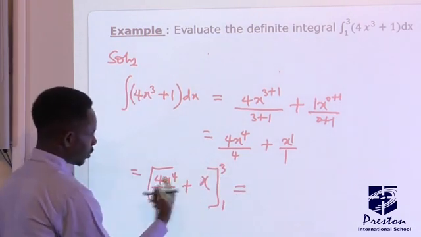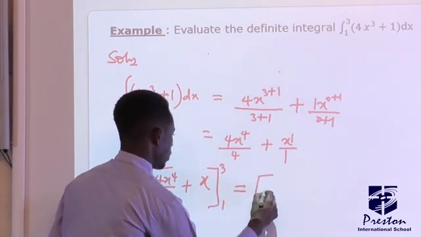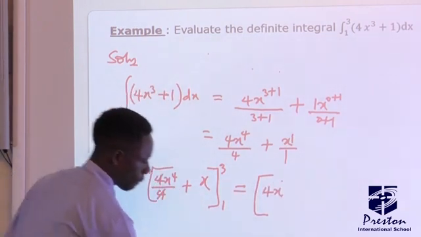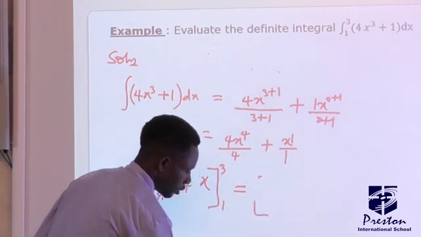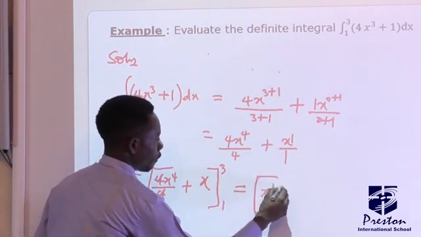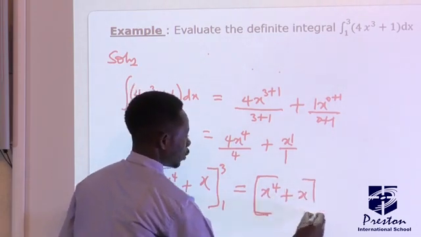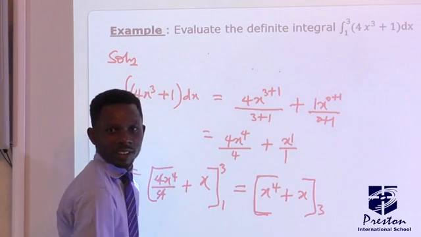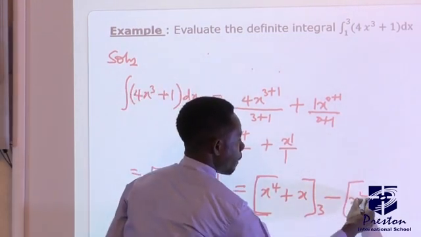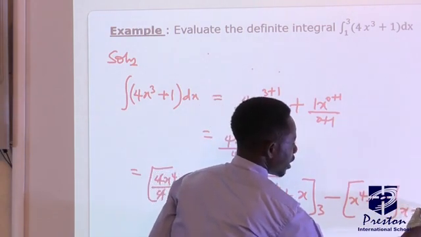Which will give us, now let us have this x replaced. The 4 will nullify the 4, so that we won't waste our time, we are left with x raised to the power 4 plus x, at the point when x is 3, minus the same thing, x raised to the power 4 plus x, when x is equal to 1.